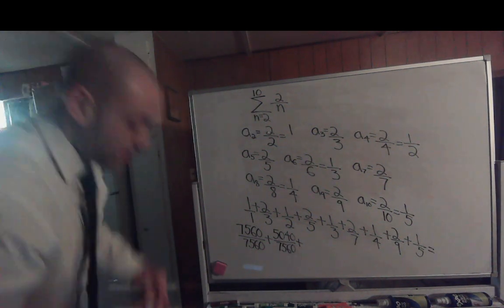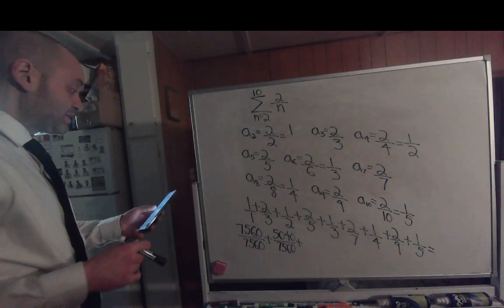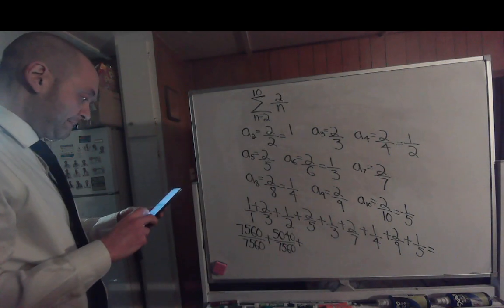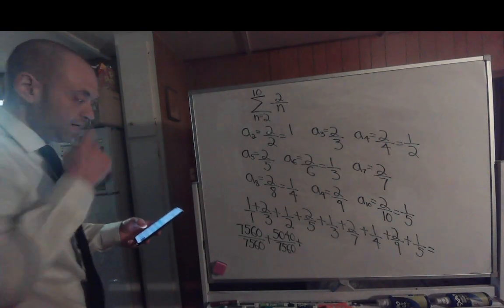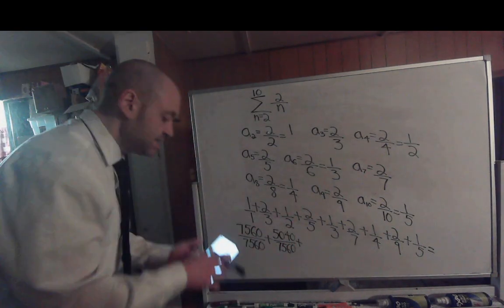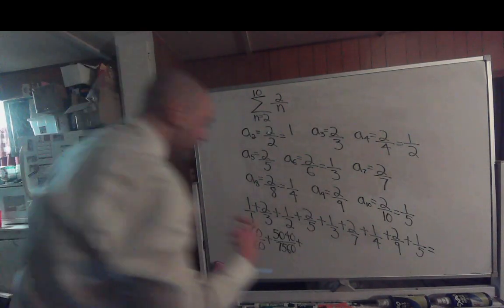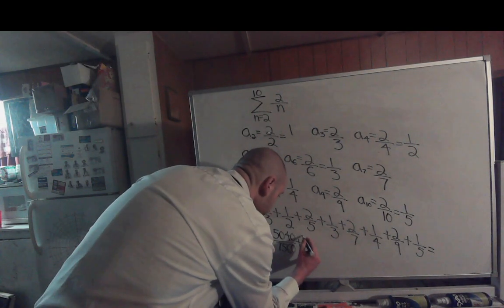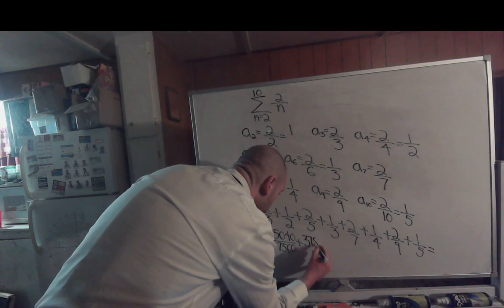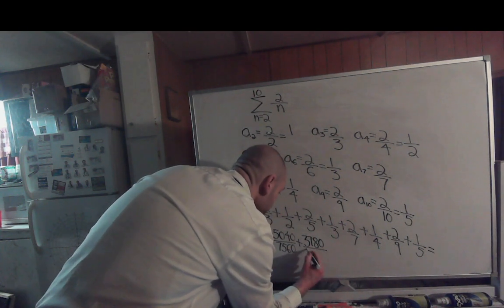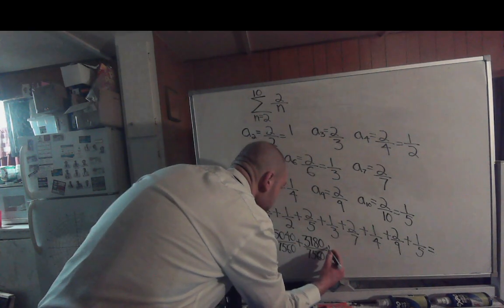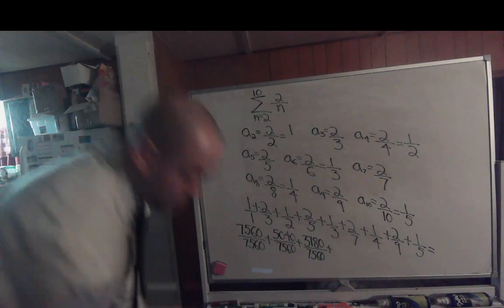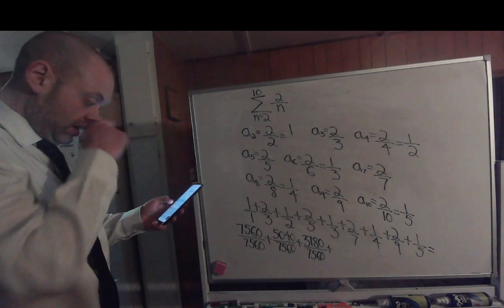Now, let's figure out the next one. So 7,560 divided by 2. Okay, so I need to multiply numerator and denominator by 3,780. So this would give me 3,780 over 7,560 plus, we got our 2/5.